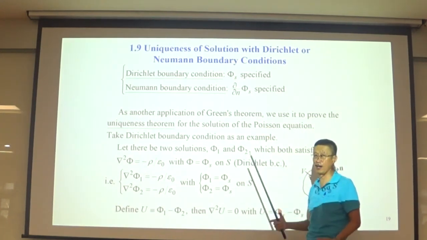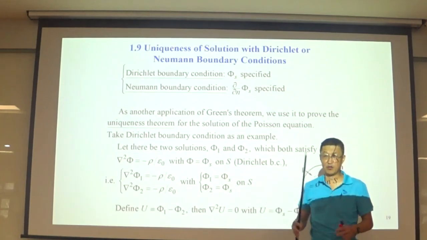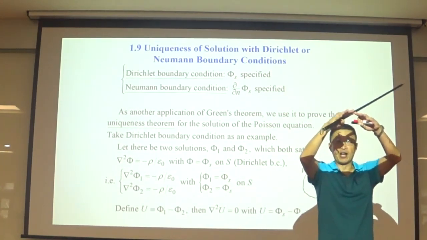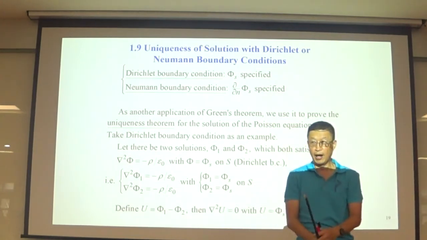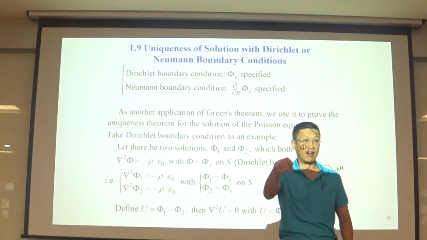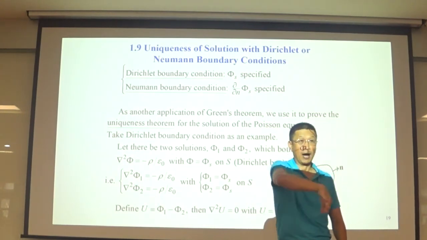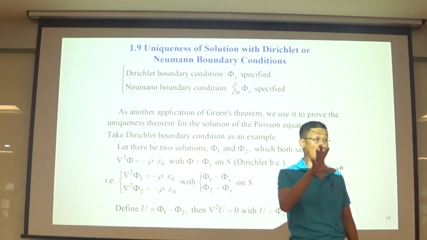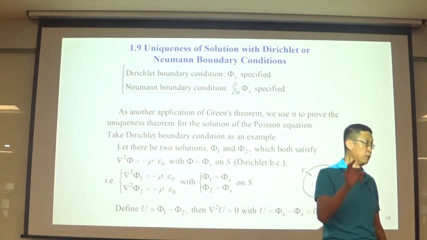How to specify the boundary? Easy. You just give the potential here. For example, if you have a conductor and you ground it to something, then you specify the potential on the surface. So it's much easier to control, to manipulate.